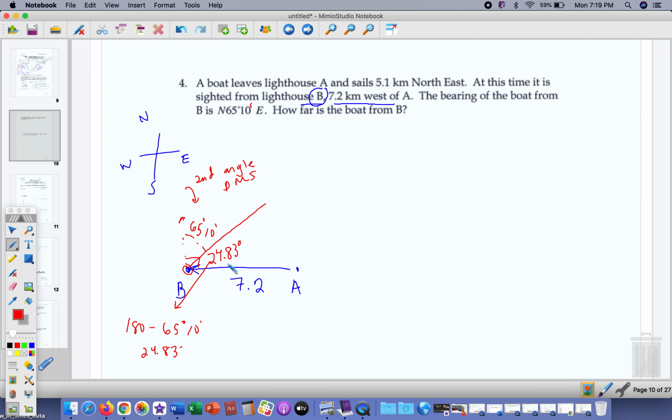Let's see, how far is the boat from B? A boat leaves lighthouse A and sails 5.1 kilometers northeast. So if it's leaving A and going northeast, we're going up and to the right, like over here.